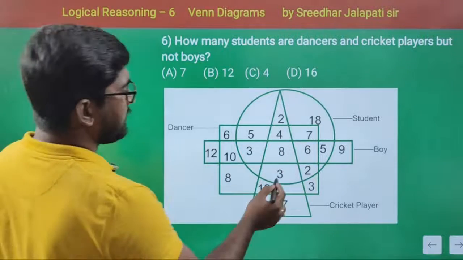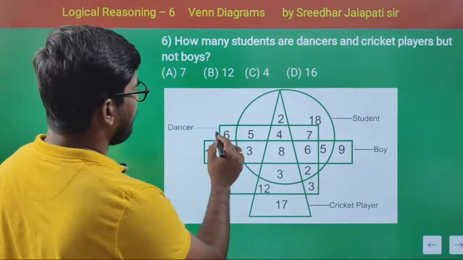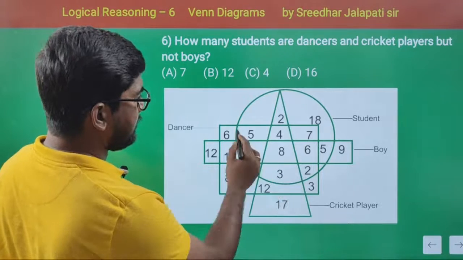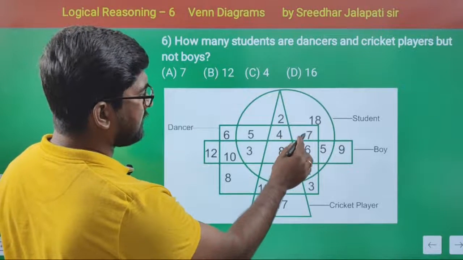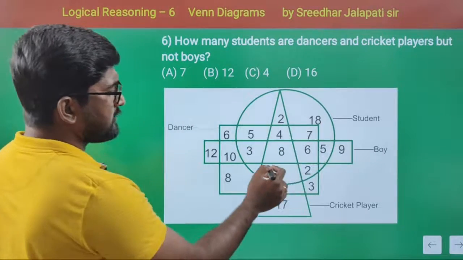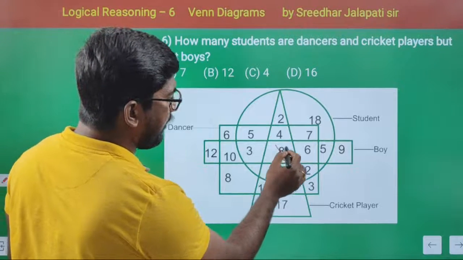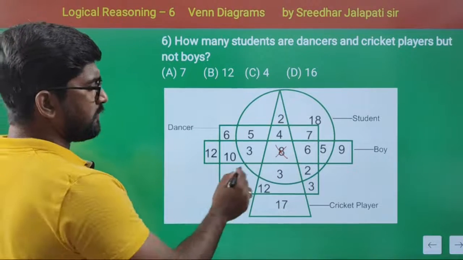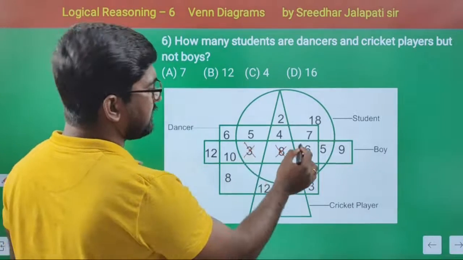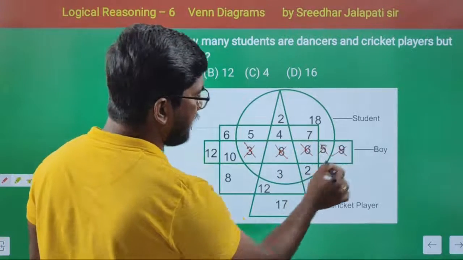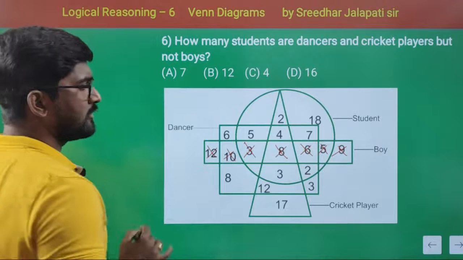One second. So out of this, dancers and cricketers as well as students, right? So if I exclude boys 8, because this is part of boys, this 3, this 6, 5, 9, all these are boys, I have to exclude these.